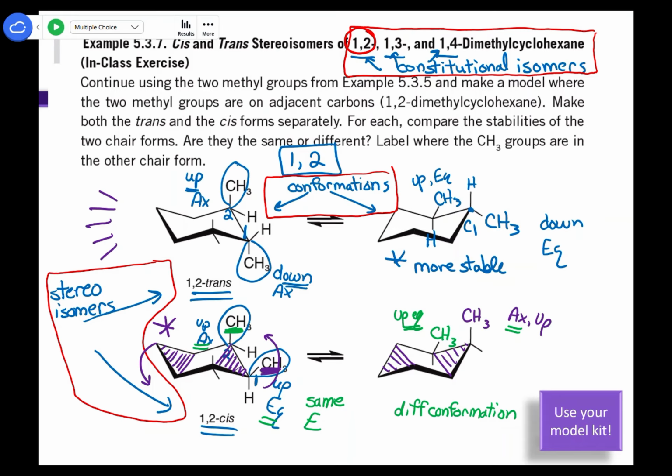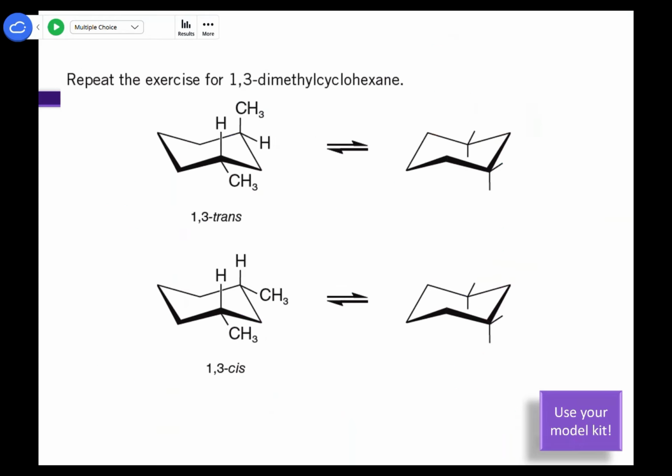Okay, so all the molecules that you have built on this screen are based off of carbon 1, carbon 2, so 1,2-dimethyl. We've looked at 2 stereoisomers and 2 conformations for each stereoisomer. We're now going to move to 1,3-dimethyl cyclohexane. So we're going to break a bond.